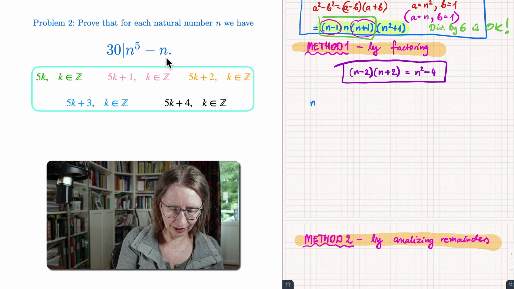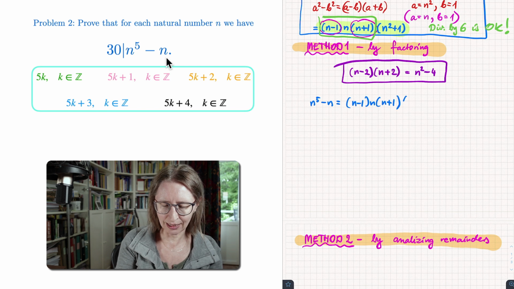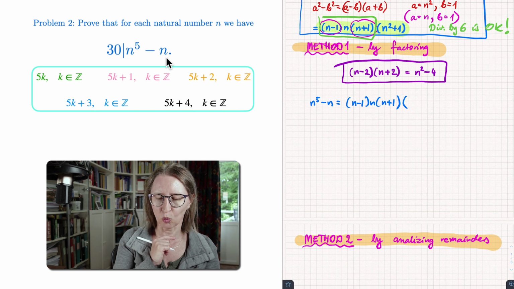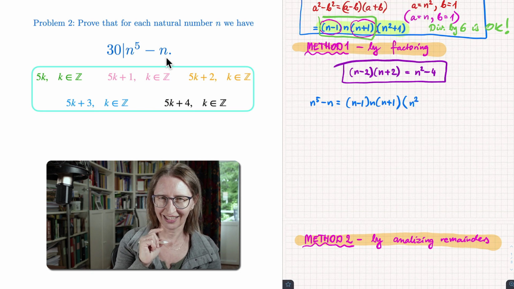I will do it like this. I write here that my n to the fifth minus n is equal to n minus 1 and n plus 1. And then instead of writing n squared plus 1, I will write n squared, and now look at this, it will be really cool.